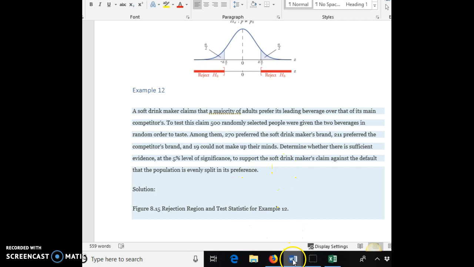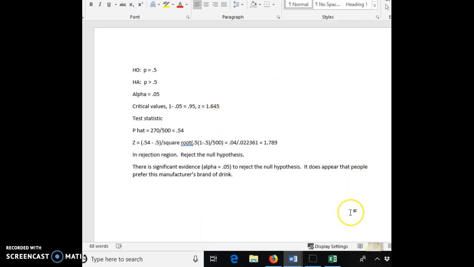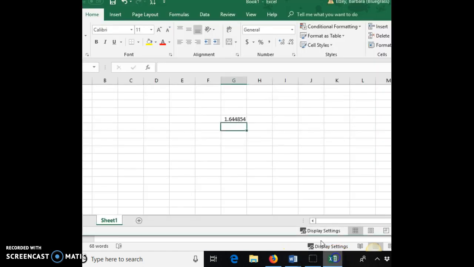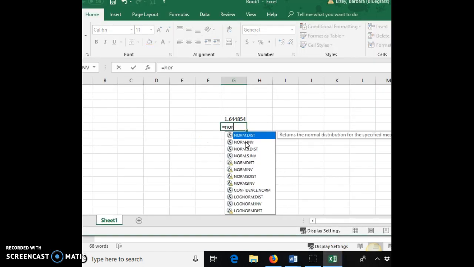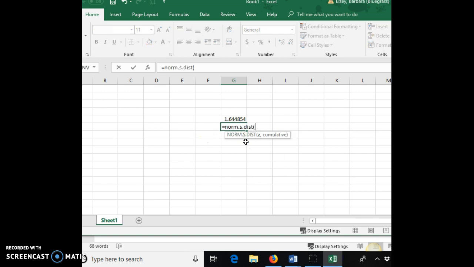Okay. All right. Now, let's, while we're here, think about this using the p-value approach. Remember, if we had used the p-value approach, we would not have found the critical values here. Instead, we would have taken this test statistic of 1.789 and looked up the p-value. And of course, if we do that, equal norm.s.dist 1.789 true, we would have gotten this.